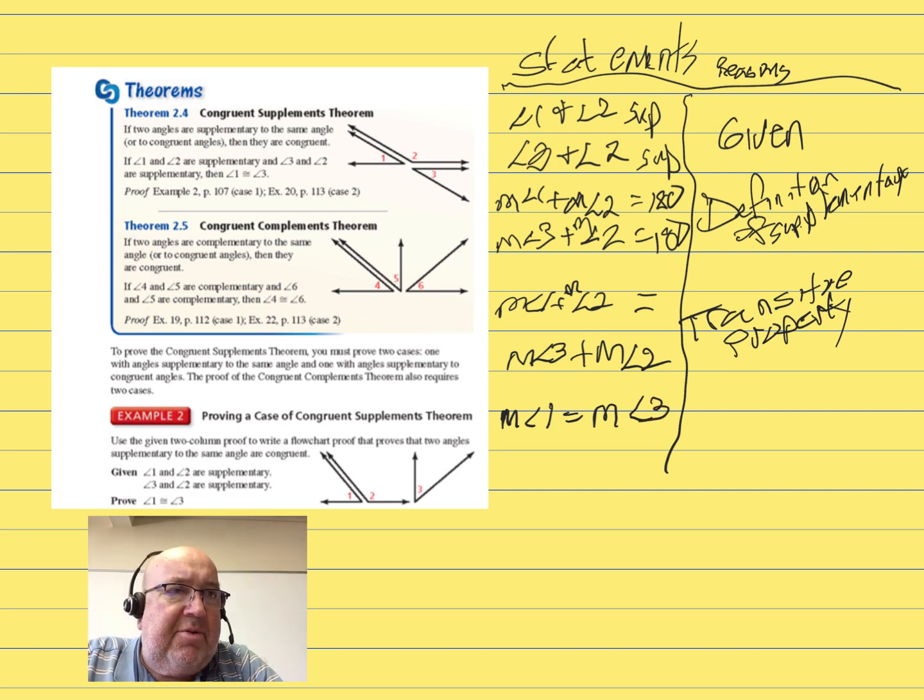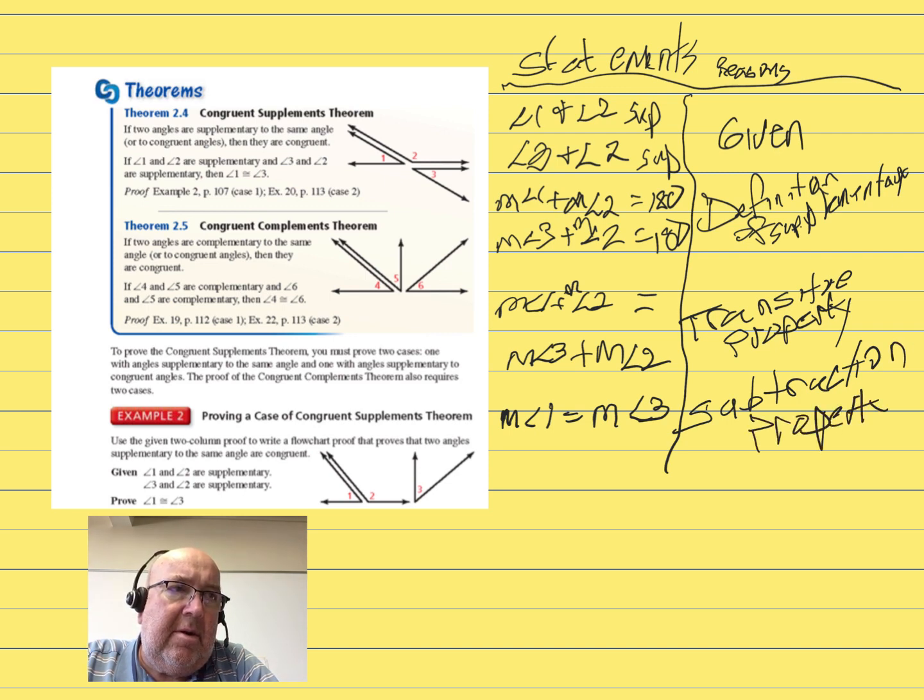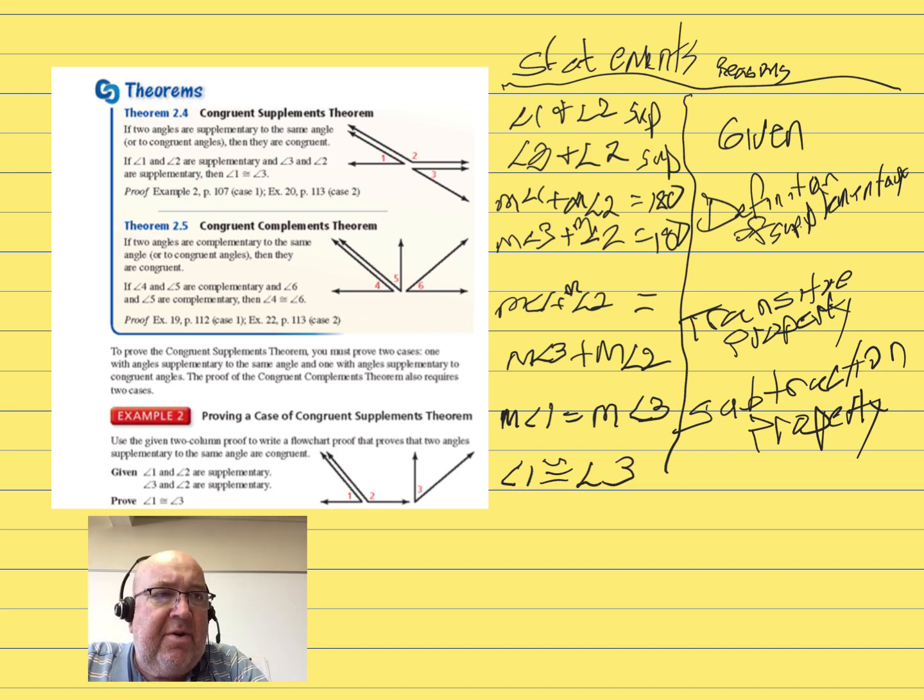And that is the subtraction property that we used. Finally, since we have that, we can say that angle 1 is congruent to angle 3, and that's the definition of congruent angles.